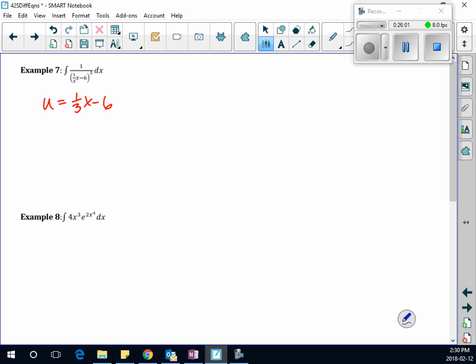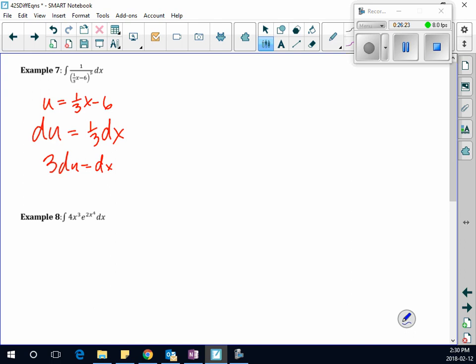Okay, so then du is going to be 1/3 dx. We don't have a 1/3 in there, so what does du become? 3 du equals dx. So, by the way, if you skip these steps and you go directly to u substitution, you'll get these extra 1/3.